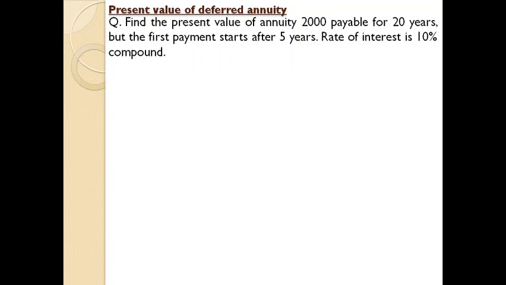So we know the case of annuity in which the details given are: annual amount, or annuity amount, is 2000, because 2000 is a fixed amount that is to be paid for a period of 20 years, and the rate of interest is 10%, so automatically i will be 0.1, and the time is 20 years. It's already given in the question.